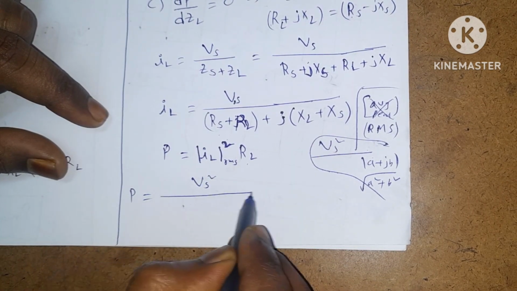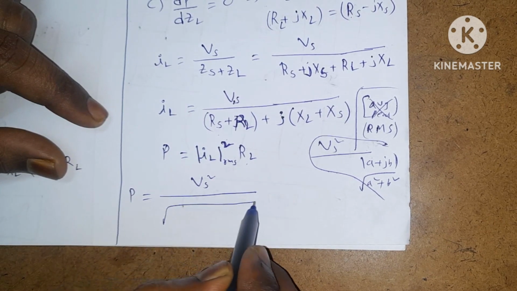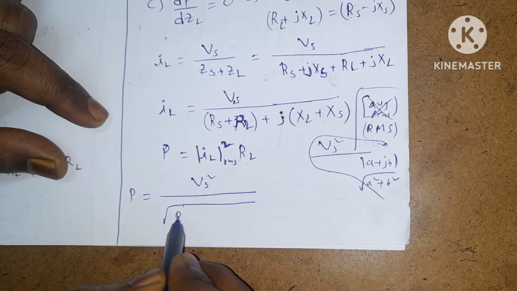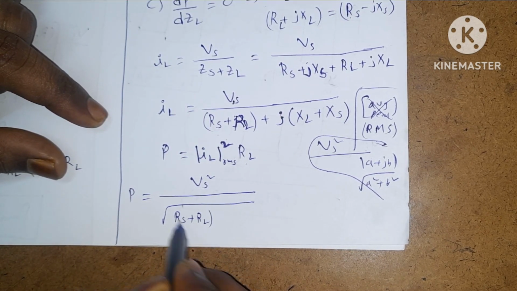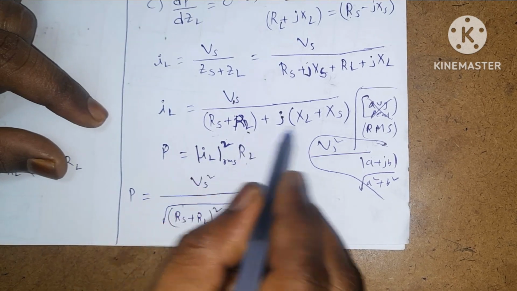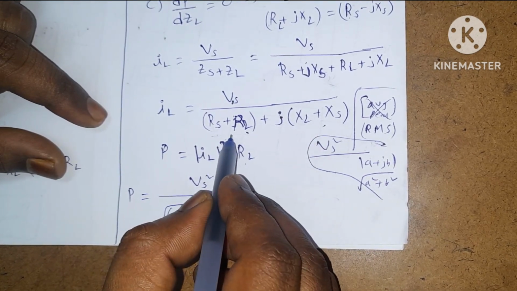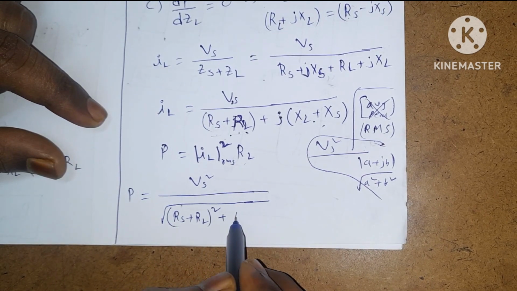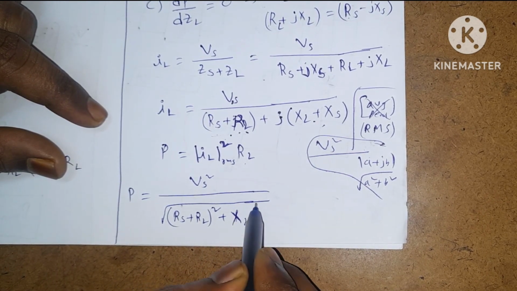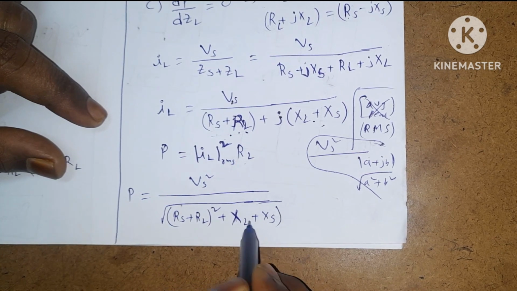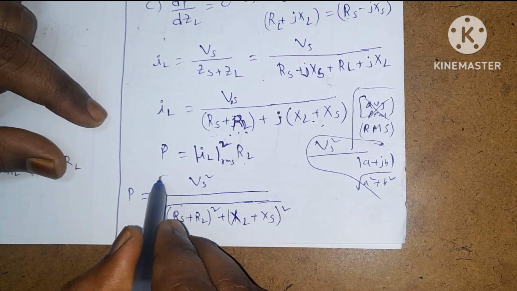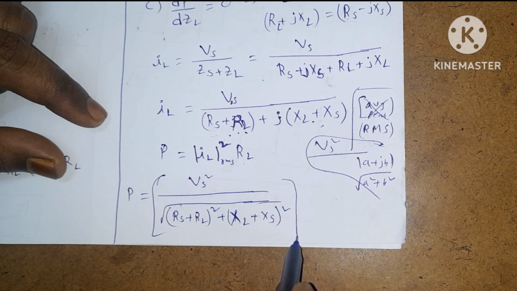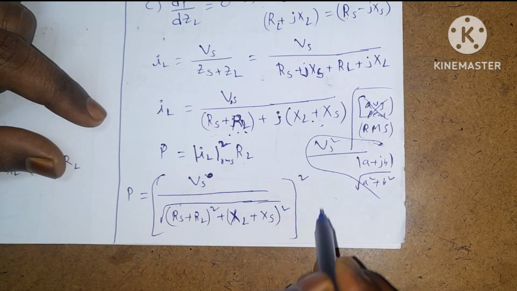Similarly for this one, what is P? Vs square by square root of ((RS plus RL) whole square plus (XL plus XS) whole square), and this whole thing is squared, into RL.